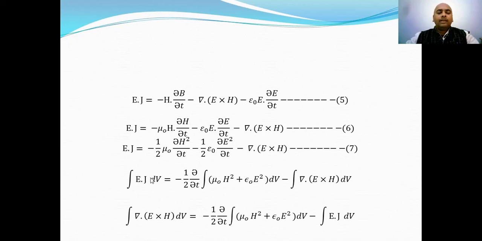Now taking the volume integral of equation 7 on both sides, we obtain that the volume integral of E dot J over volume V is equal to 1 by 2 taken as common ∂/∂t of mu naught H square plus epsilon naught E square, volume integral with respect to V, minus the volume integral of del dot E cross H into dV.